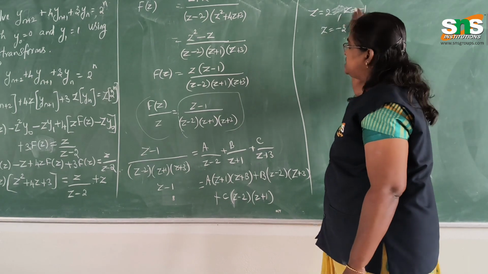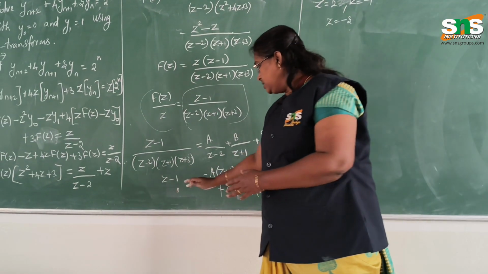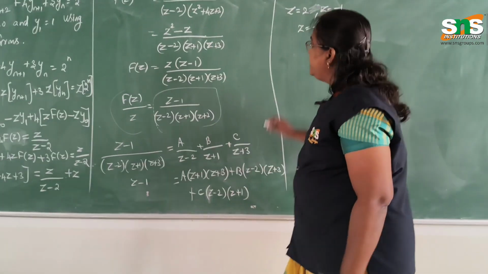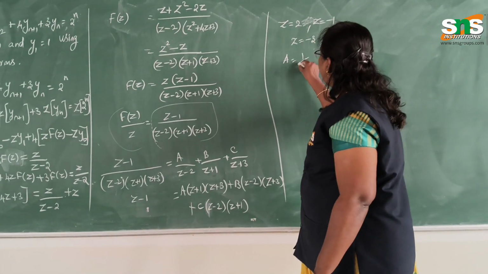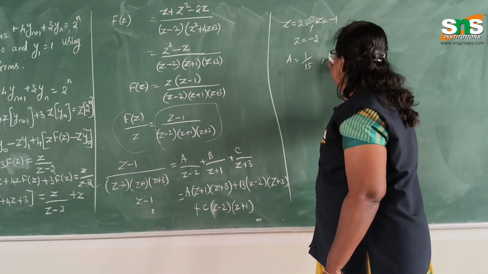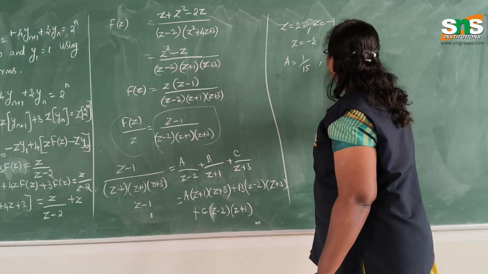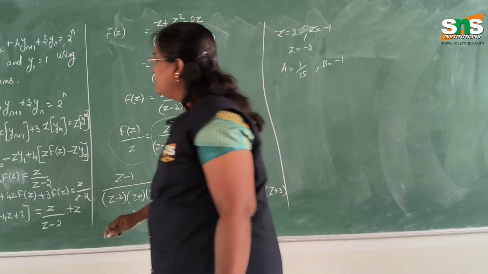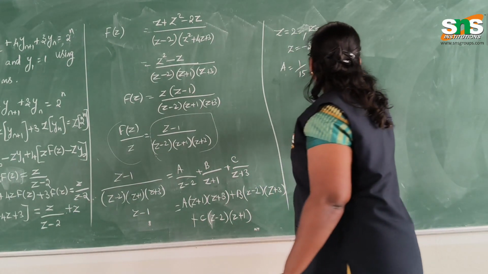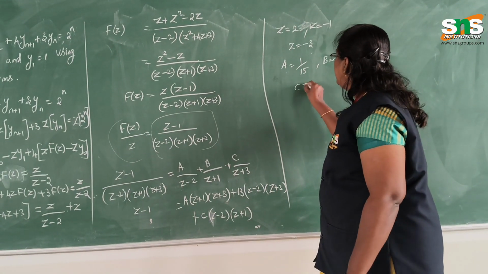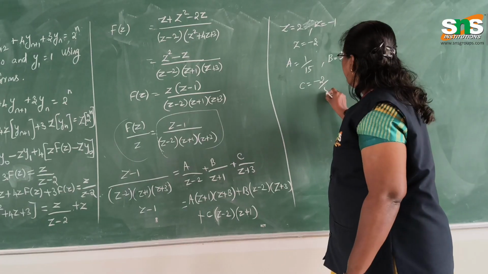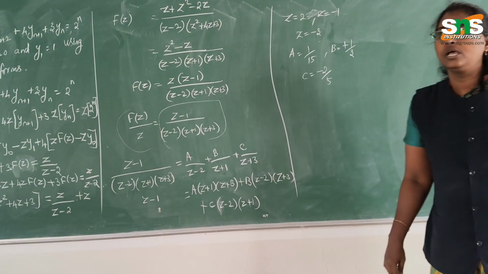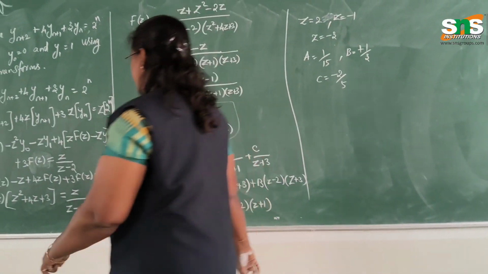So applying these 3 values and equating in this equation, you will get A equal to 1 by 15, B equal to plus 1 by 3, and C equal to minus 2 by 5. You will get these 3 values after this.